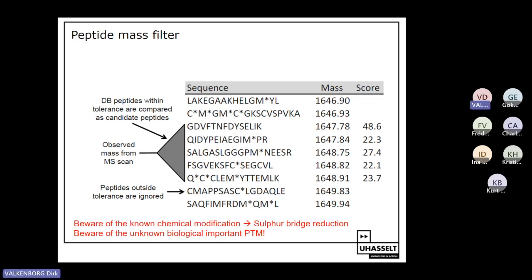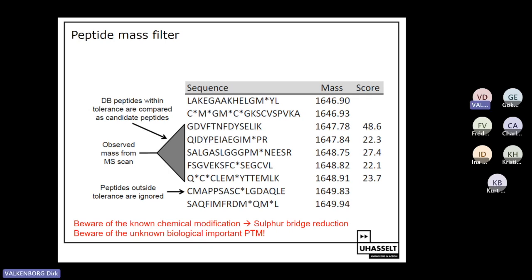So you see, we double the search space: we need to search our peptide database twice, once for the peptides that do not contain cysteines and once for the peptides that do contain cysteines, because we do a chemical modification of cysteine in the lab. But that's still easy.